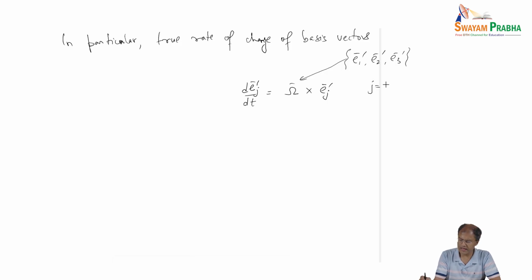So this is for all j, all the basis vectors. So this is an important recap from our discussion.